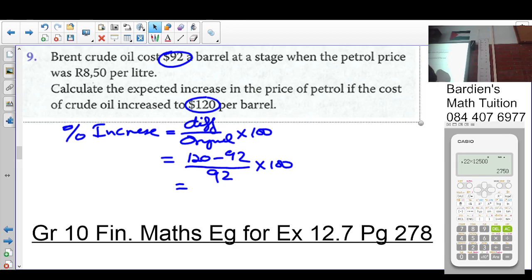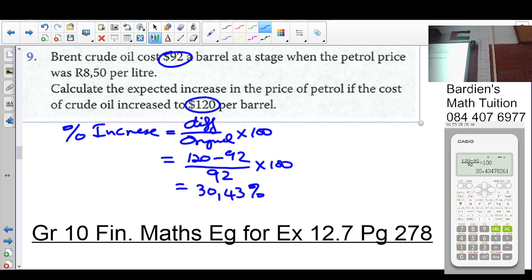So that gives us 120 minus 92 over 92 times 100, which gives you 30,43%.